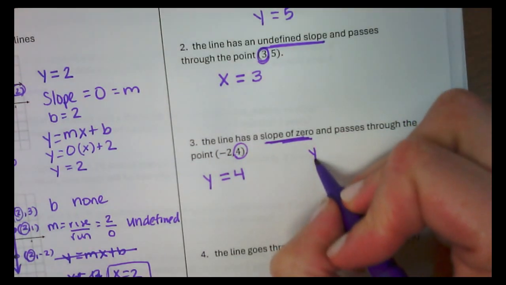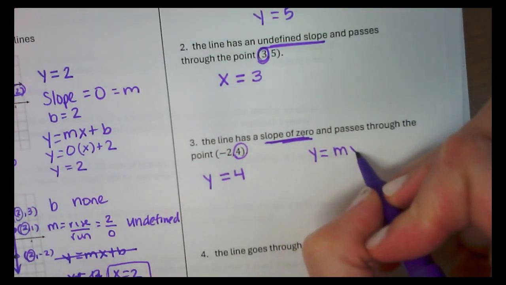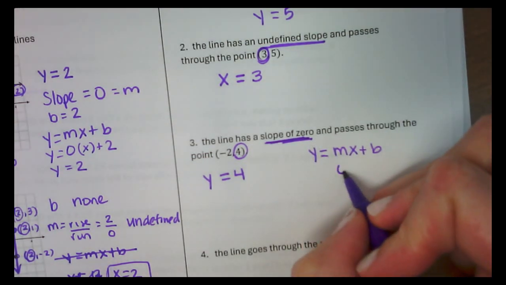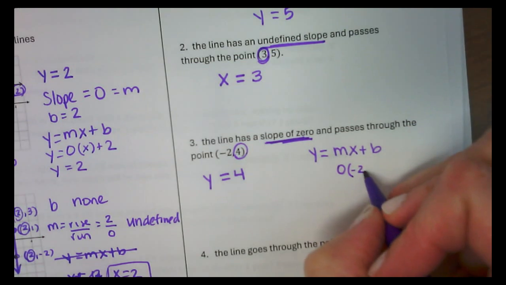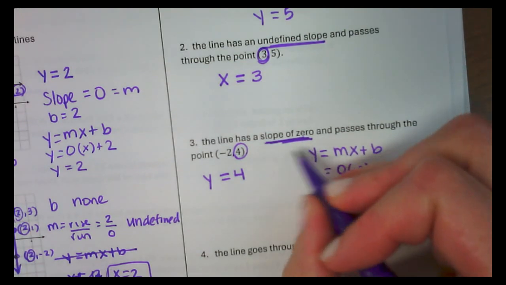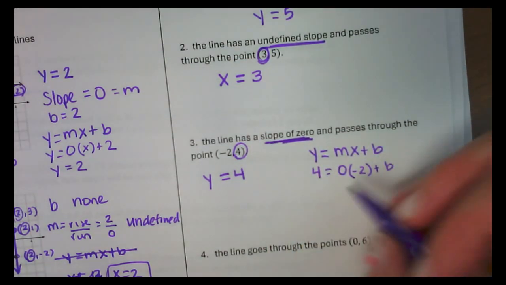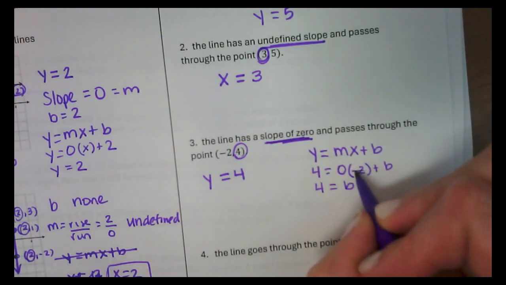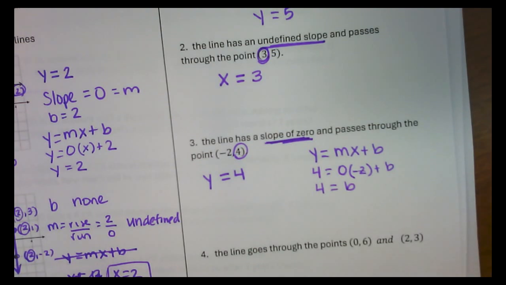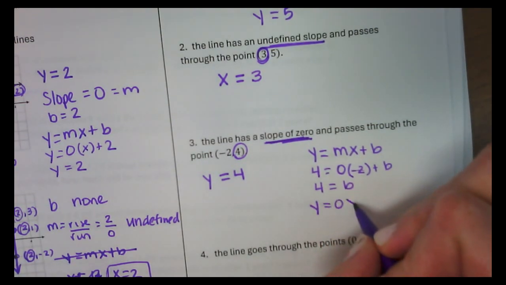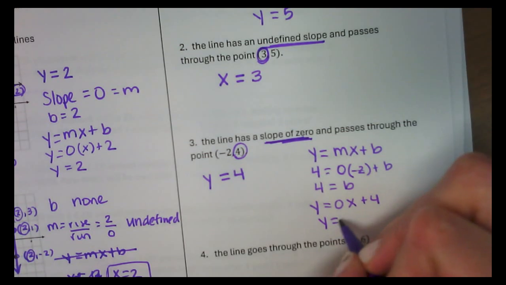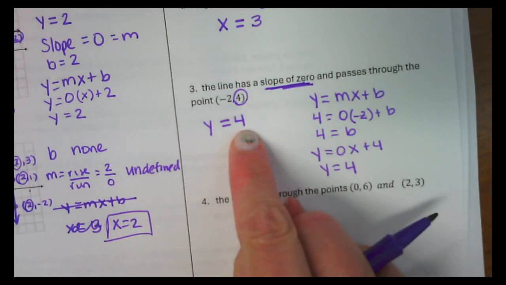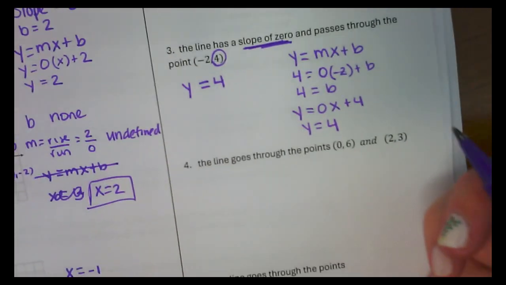If you didn't remember that, and you went to plug it into y equals mx plus b, then you could fill in the slope of 0, the x value, and the y value, and we're going to get 4 equals b, because these just cancel out, which would mean y equals 0x plus 4, which is just y equals 4. But that's a lot more work, so it's just easier to realize that this is y equals 4.